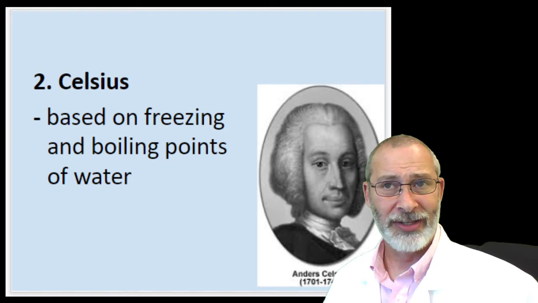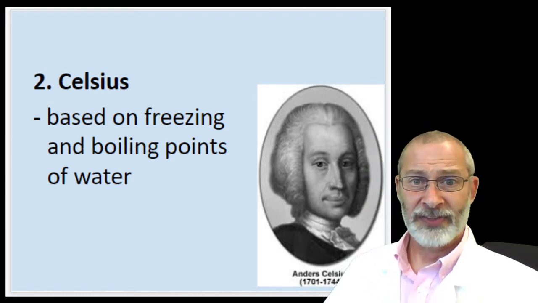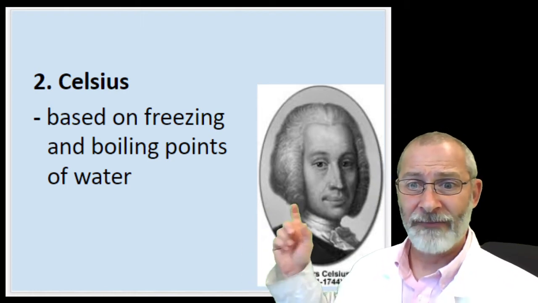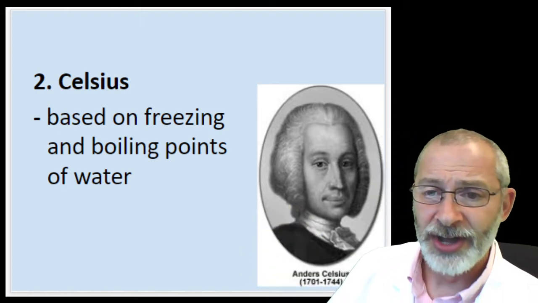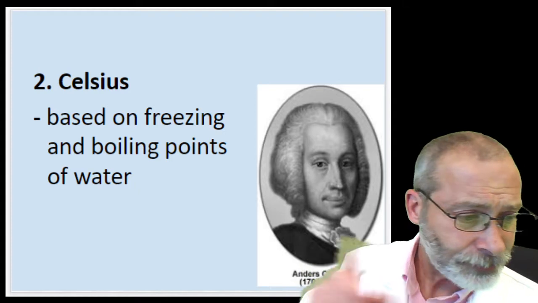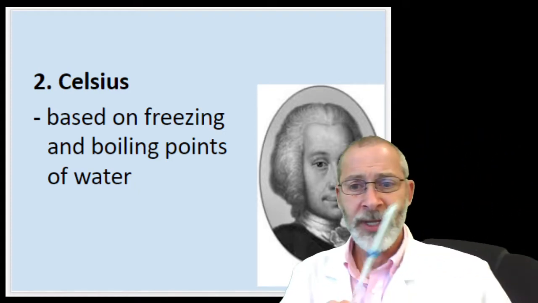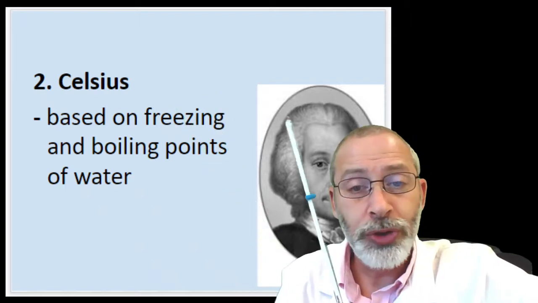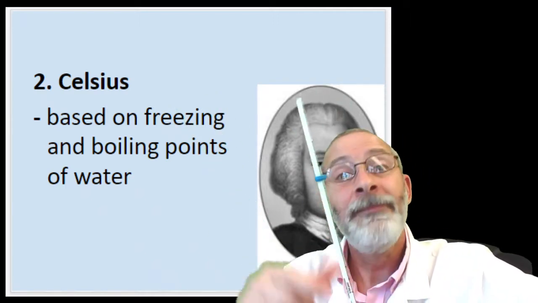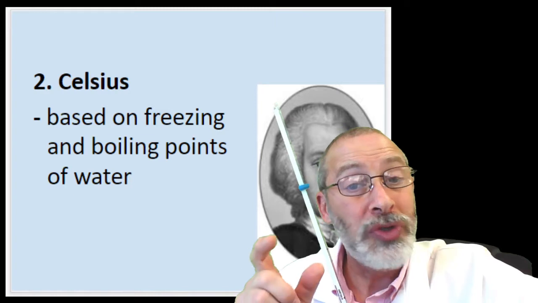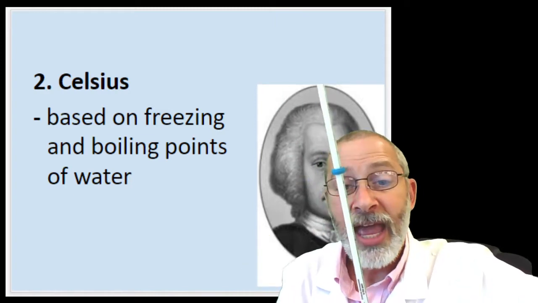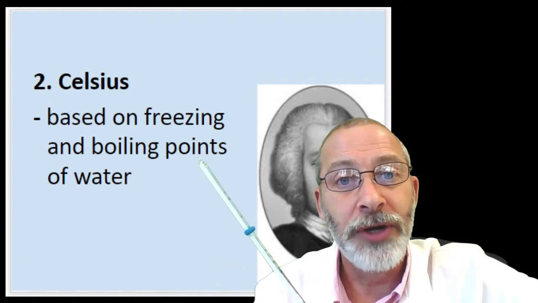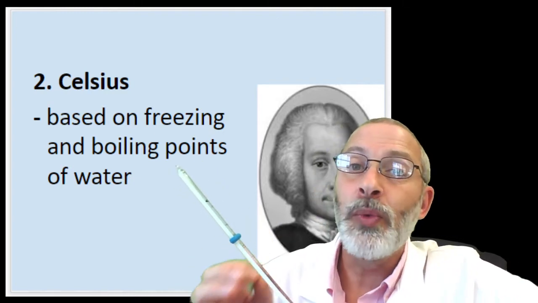In fact, it wasn't until I think 1948 that the centigrade scale was called the Celsius scale, named after this scientist, Anders Celsius. But here's what Celsius did. Celsius took a similar thermometer, a hollow tube with mercury inside. His was a little bit better produced than Fahrenheit's, however. And he wanted to base the measurement of temperature on standards that wouldn't change.